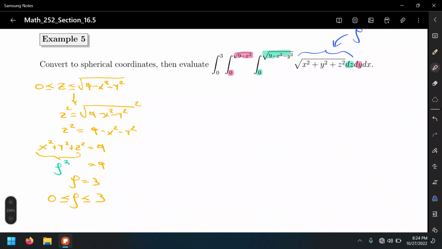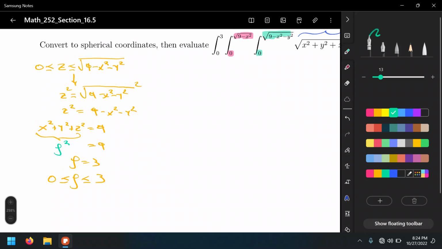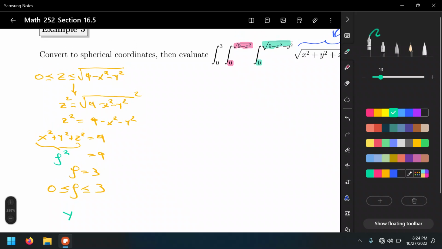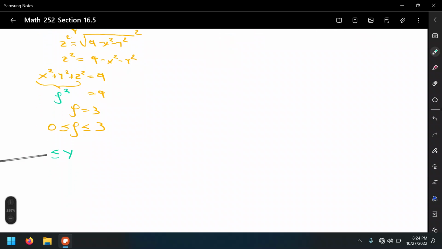When we see this integral, it is telling us that y is varying between 0 and the square root of 9 minus x squared.